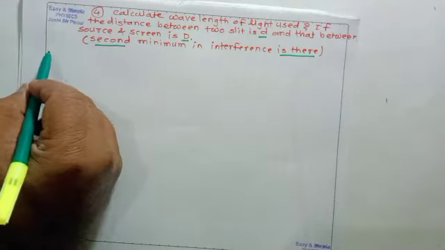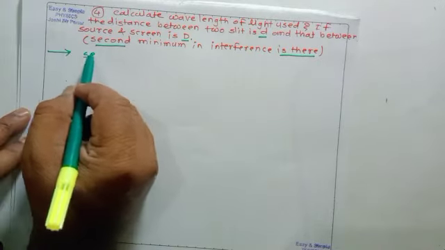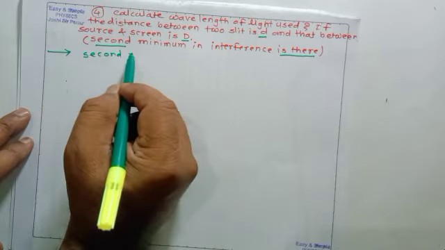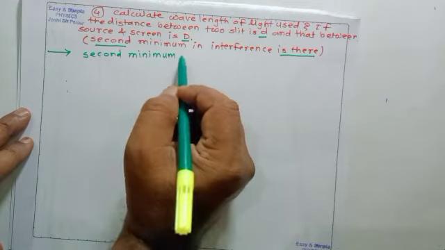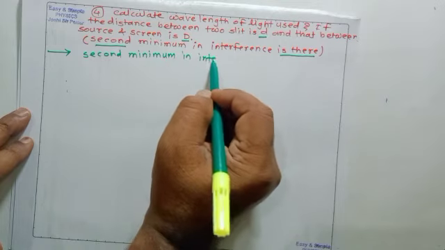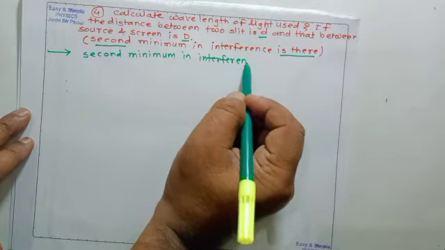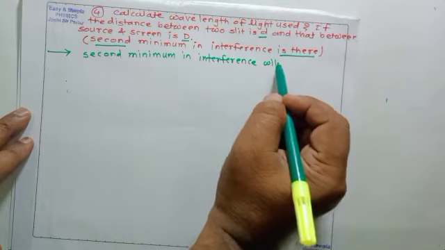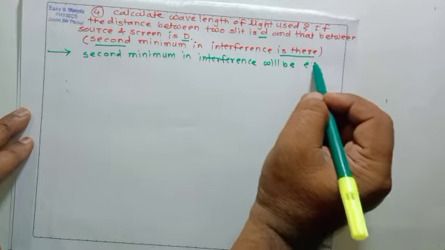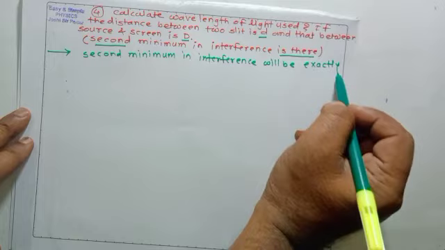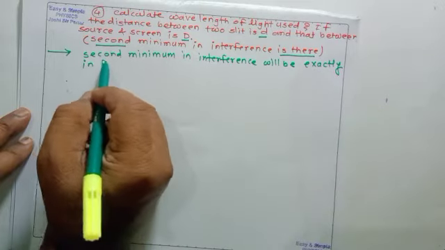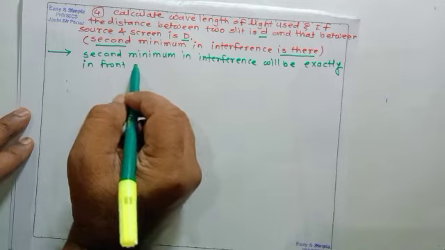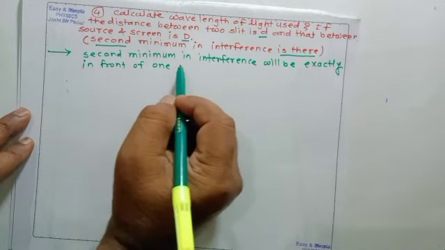See here, the second minimum in interference will be exactly in front of one slit.